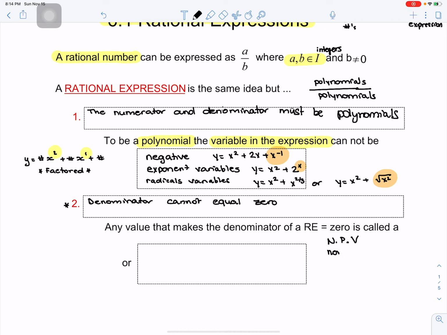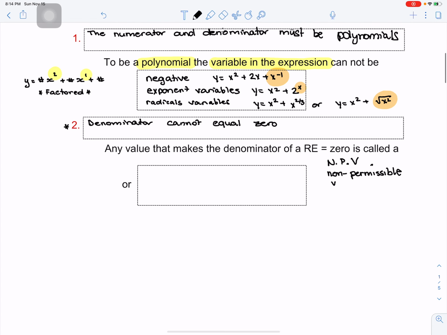It's called non-permissible value. So these are the things that make the denominator 0, okay? So any value that makes the denominator of the rational expression equal to 0 is called a non-permissible value, or an NPV.